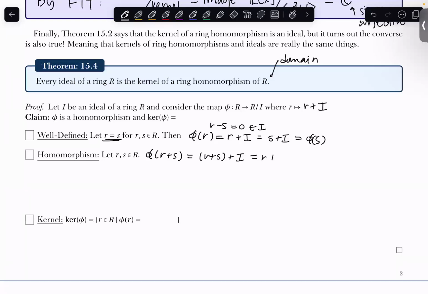Most of the time, we see it go in the opposite direction: we see the sum of our cosets and we simplify it, but we can go in the opposite direction as well. Okay, now this first one is the image of R, because I know R gets sent to R plus I, and likewise for our S. So here we were able to separate our sum. When we saw addition on the inside, it's the same as the addition on the outside.